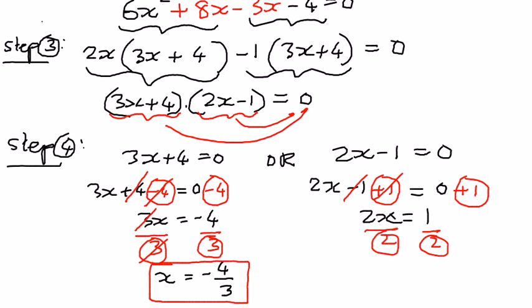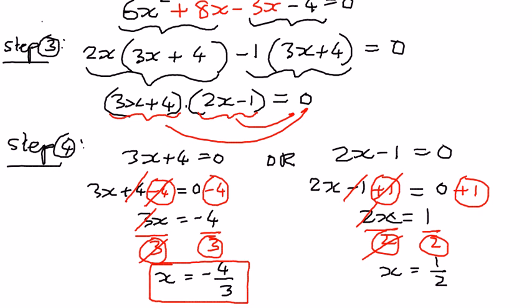The reason we are dividing by 2 on both sides is because the coefficient of x is 2, and therefore we are dividing by 2. If the number was 3, we would have divided by 3, as we did on the left hand side. So therefore the 2's in the numerator and denominator cancel out, leaving us with x is equal to 1/2.